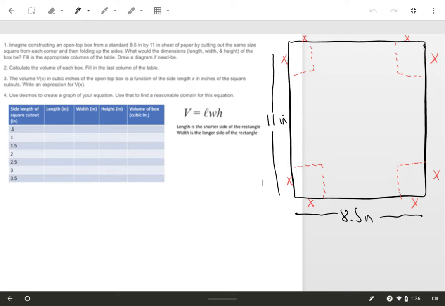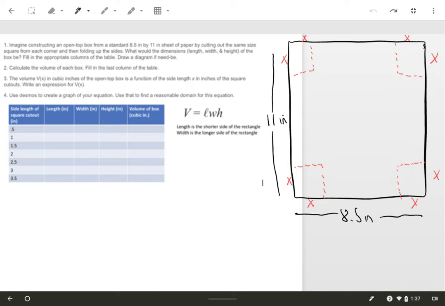And what they're saying is we would make a box out of this by cutting an X by X square from each corner of the piece of paper. So that's what I drew in red here. And essentially what would happen is you would fold it up and then you would have an open top box.